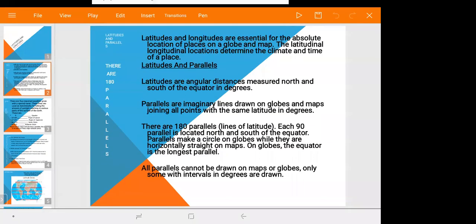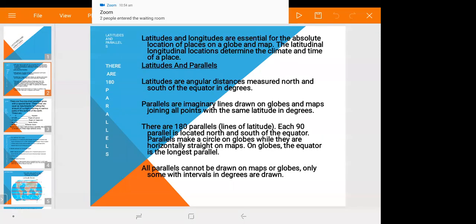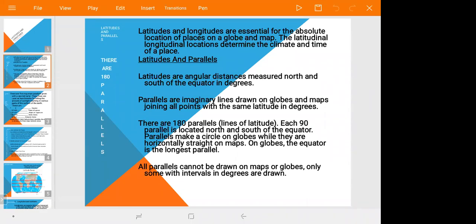Latitudes are angular distances measured to the north and south of the equator, in degrees, not the lines. The lines drawn east to west or west to east are called parallels.